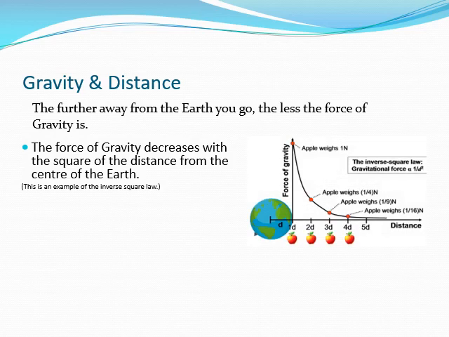So if an apple weighs 1 newton at 1 diameter from the Earth, on the Earth's surface, at 2 diameters away, it will be 1 over 2 squared, 2 squared being 4, so it'll be a quarter of the force. If it's 3 diameters away, it'll be a 9th of the force. If it's 4 diameters away, it'll be a 16th of the force, etc. So you can see how it's rapidly decreasing.